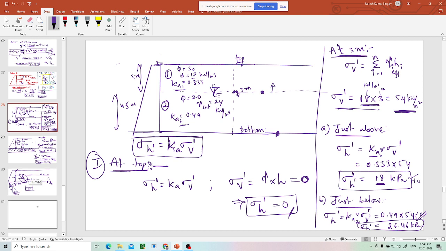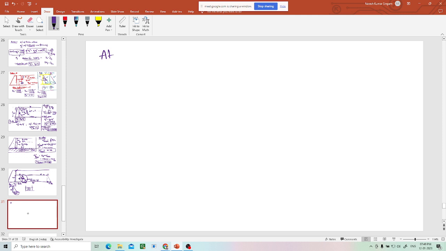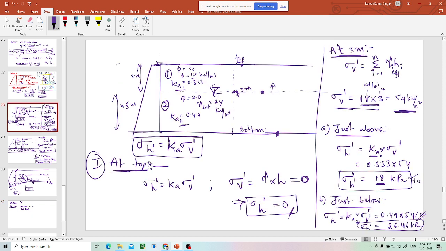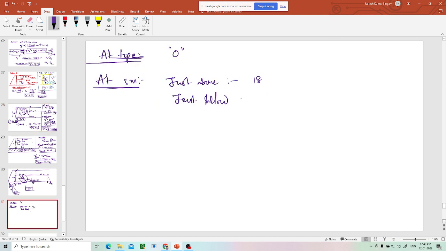So now what will I do? At the top it is 0, that we have calculated. At 3 meter, just above it is 18, I think, and just below 26.46 kPa. But these are sigma h dash, effective.